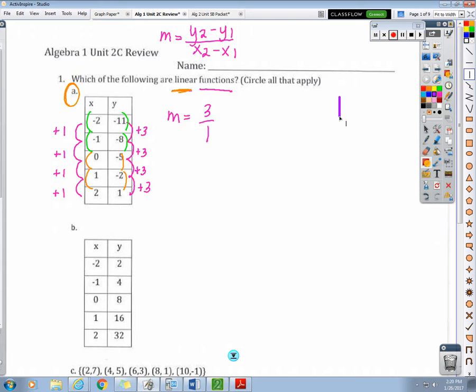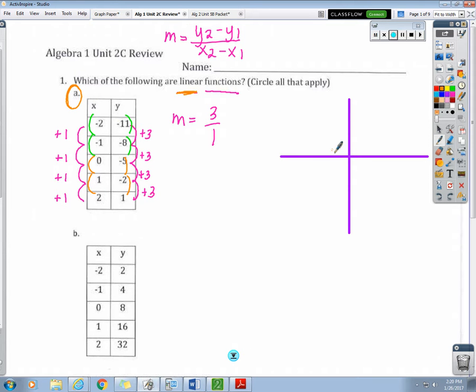I mean, it's not going to be nice because it's just going to be a y and x-axis. But if I were plotting the point -2, -11, wouldn't that be left 2, down 11? No, I'm just saying this is another option for those of you who struggle with the first 2 options. -2, -11 is left 2, down 11. -1, -8 is left 1, down 8, which would be 8, 9, 10, so right there. 0, -5 is just down 5. 1, -2 is right 1, down 2.